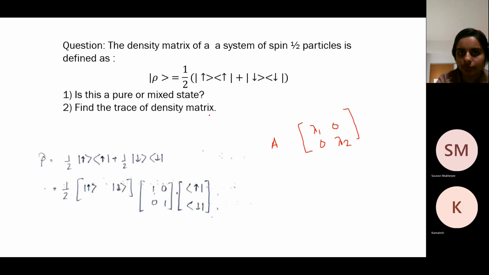So the probability of being in the up state is half and the down state is half. That's what you got from here, right? The physical concept is clear, right? What it is signifying? Yes, ma'am, it's clear. Yeah. And then when you do the trace, what will you get? Half plus half, 1. Clear, right?